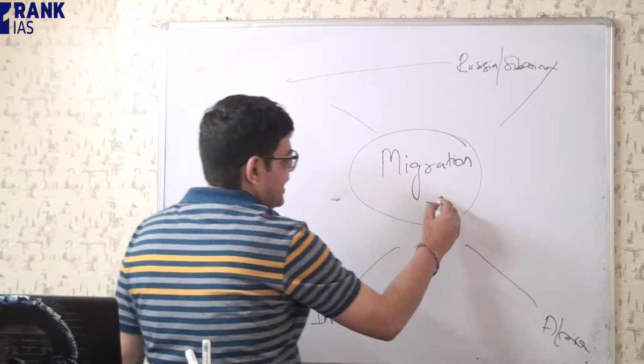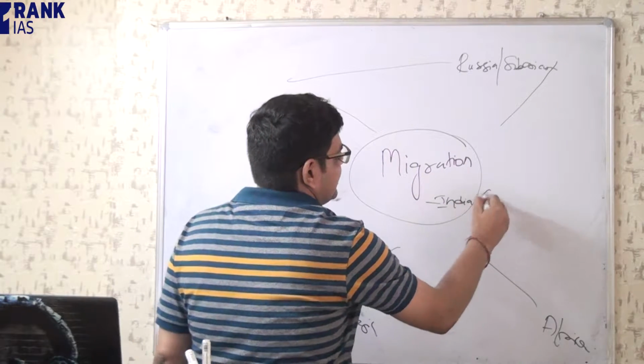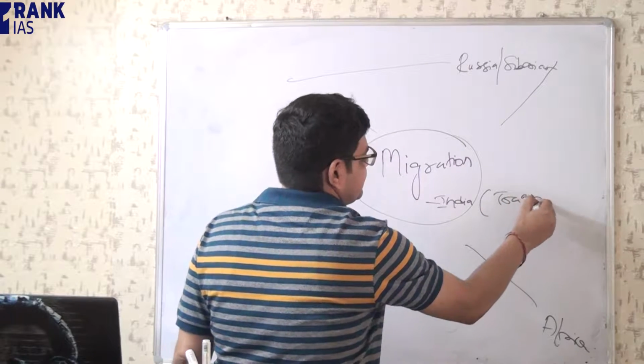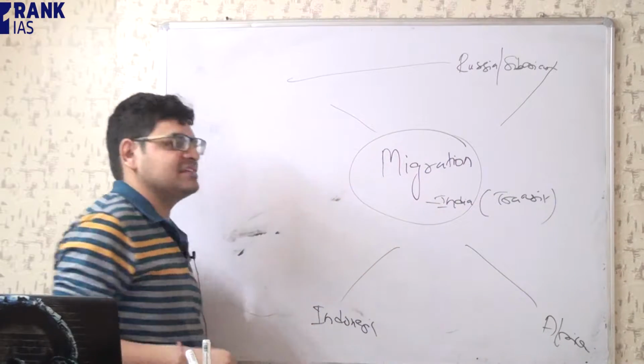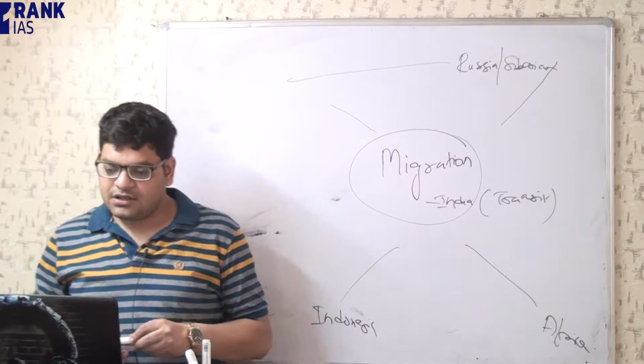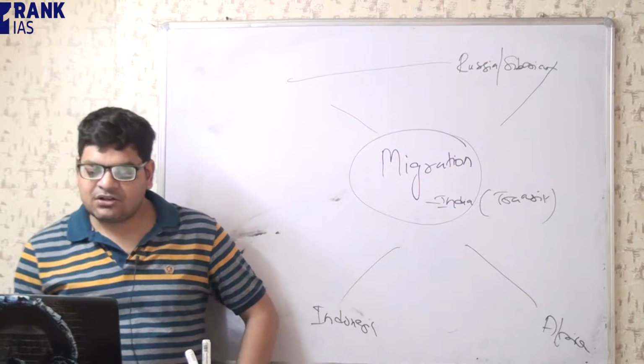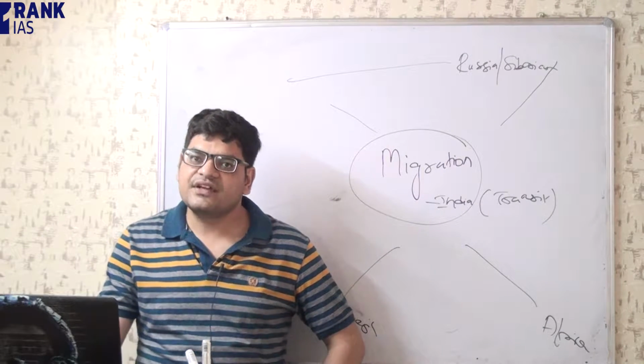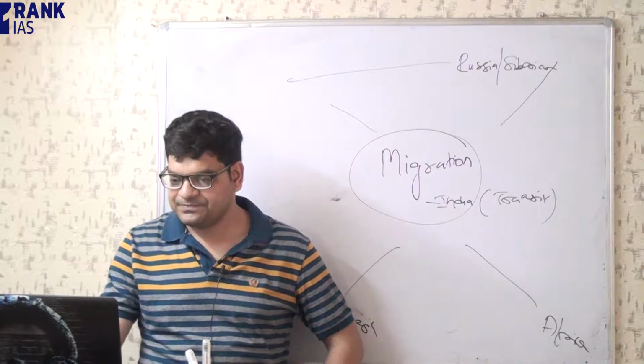So India acts as a transit point, or a resting point, when these birds migrate in the cold season from the cold areas to the hotter areas. The birds generally migrate from the northern hemisphere to the warmer regions of the equatorial region or the southern hemisphere.